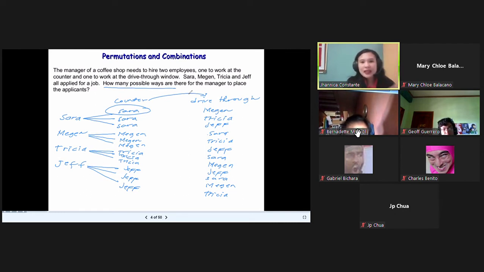Ibig sabihin, sa permutation, hindi pwedeng may maulit. Okay? If one of the given is already listed, hindi na siya pwedeng maulit. Kapag meron ka ng number na 5, hindi na pwedeng ulitin si 5. Okay? That is what we can consider as permutation.